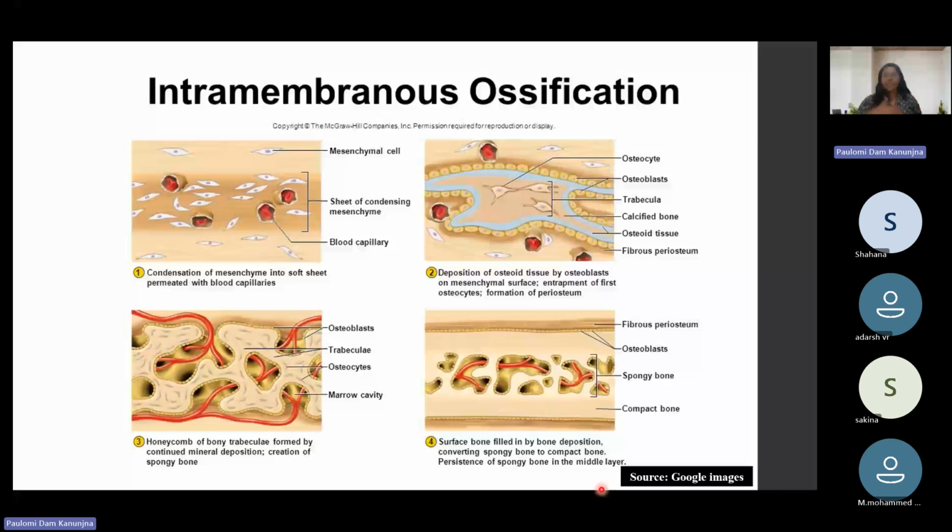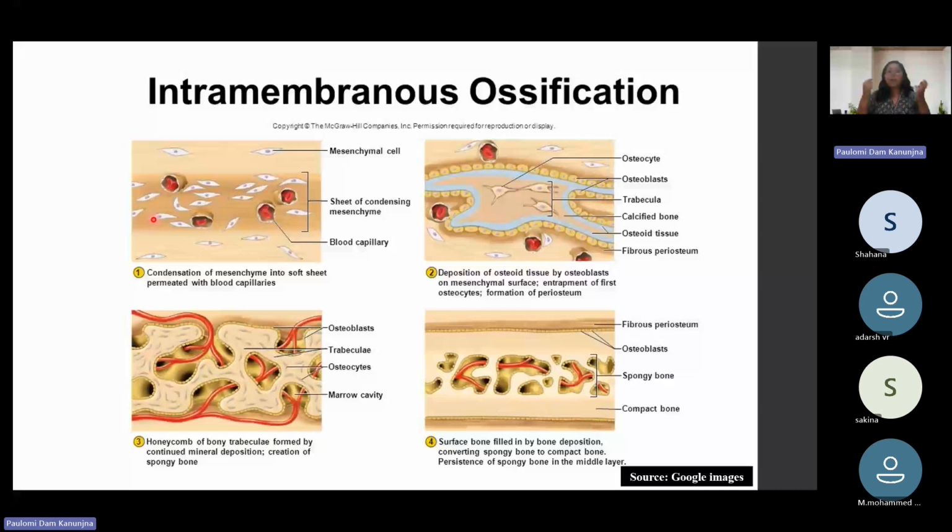We know that both. First you have the spongy bone, which is covered by the compact bone. So mesenchymal cells, then osteoblasts, then secretion of matrix, then blood vessels coming in and formation of spongy and compact bone.